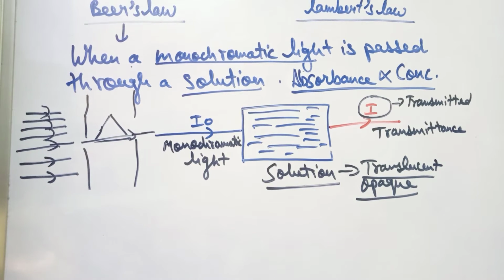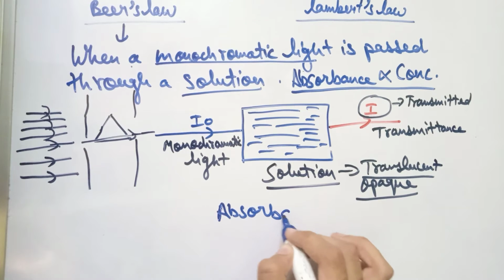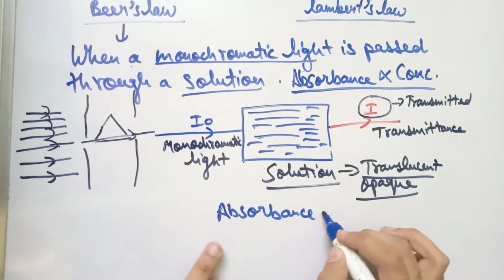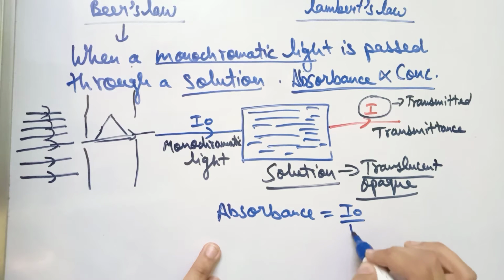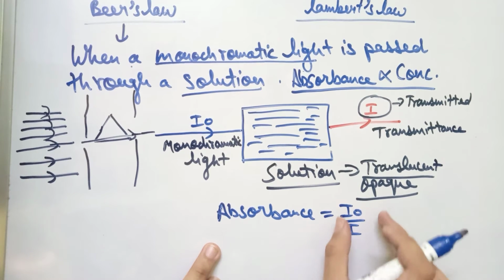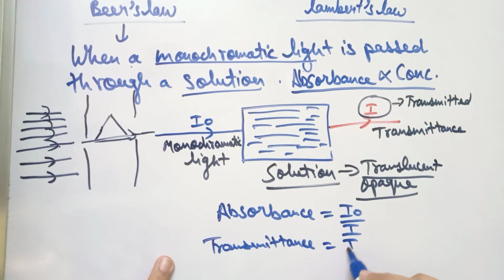Now we can find out the absorbance of the solution, or the amount of light absorbed by the solution. The absorbance can be measured by I naught by I. And if we have to find the transmittance, it can simply be shown as I by I naught.